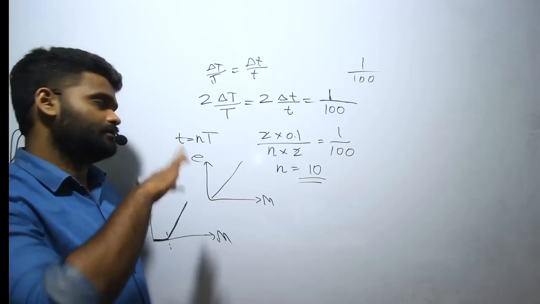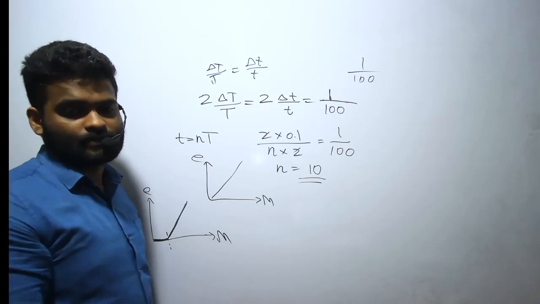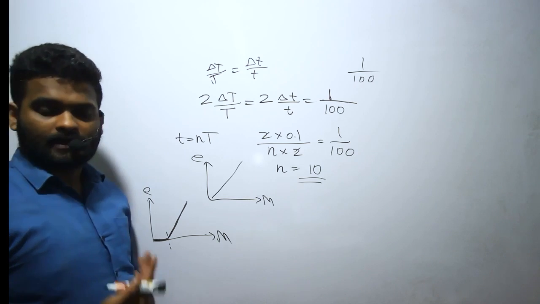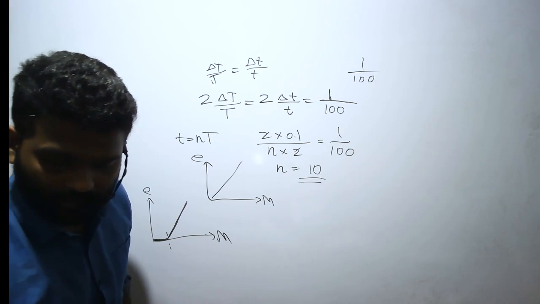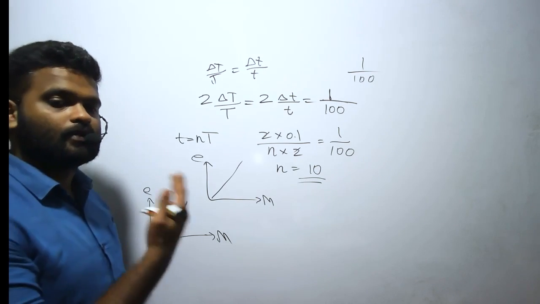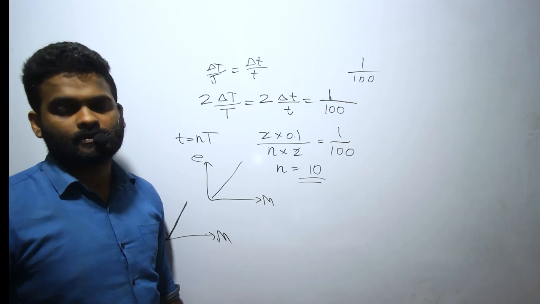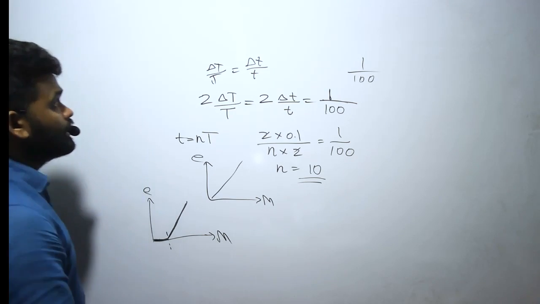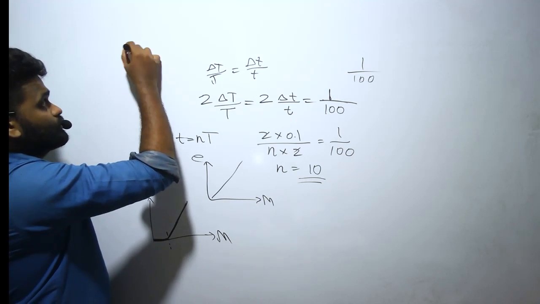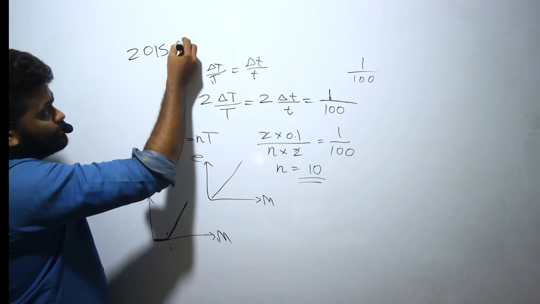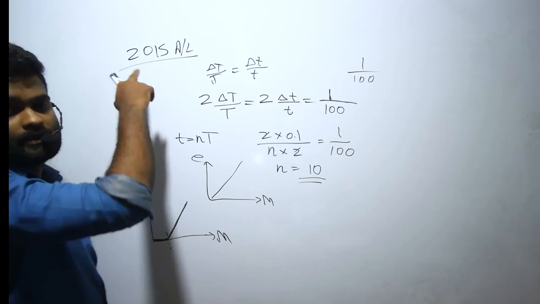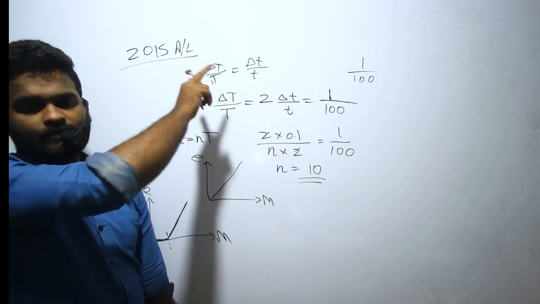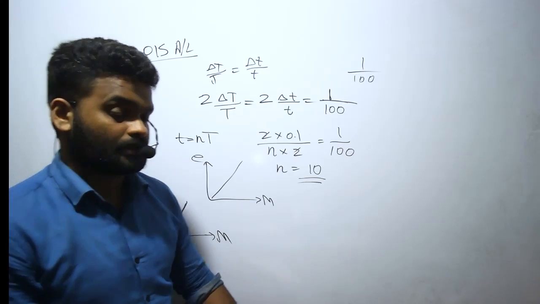Later you can try these questions again. The only way to get this is to practice doing these questions. For structured essays as well, you have to practice separately, same as MCQs and essays. So at home, try this one, the 2015 A-level question, based on the simple pendulum.